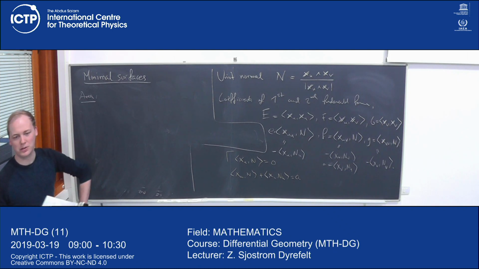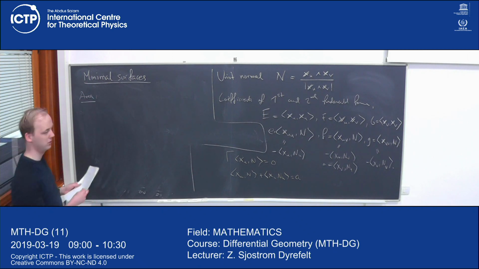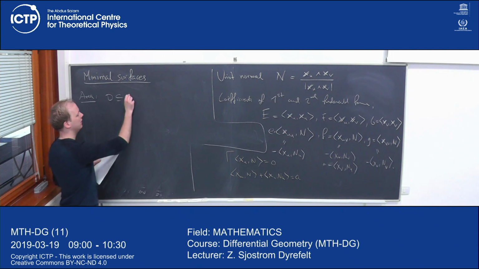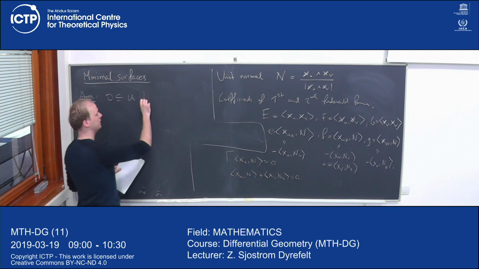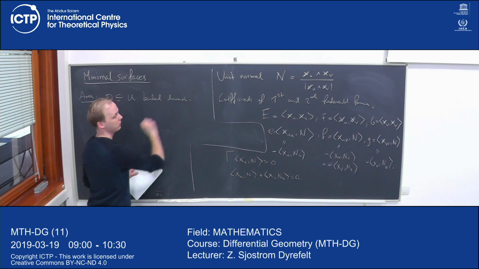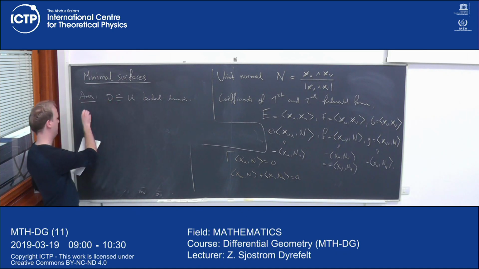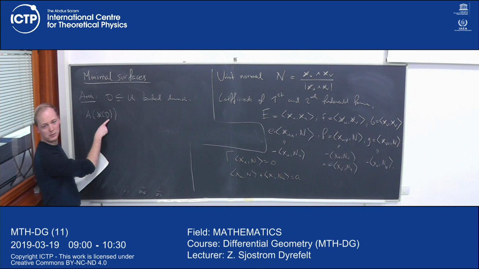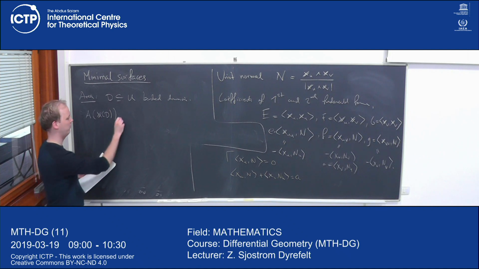An area, often a surface, it's an infinite surface. It goes to infinity. So when you talk about the area, you look at a bounded domain. So you let D inside U be some bounded domain, and you want to ask about the area of the part of the surface parameterized by this bounded domain. So you look at the bounded part of the surface and you ask for its area.